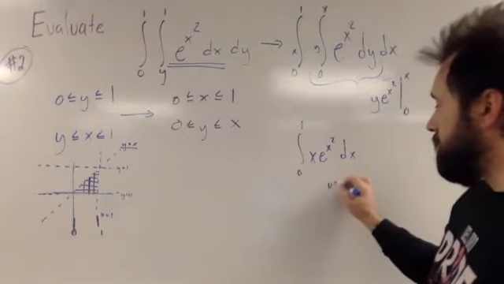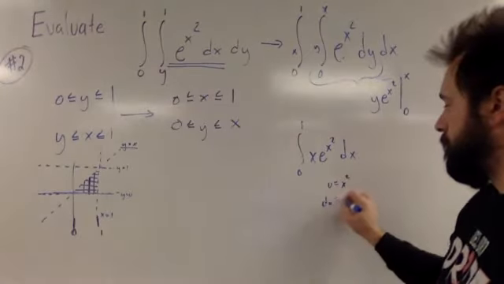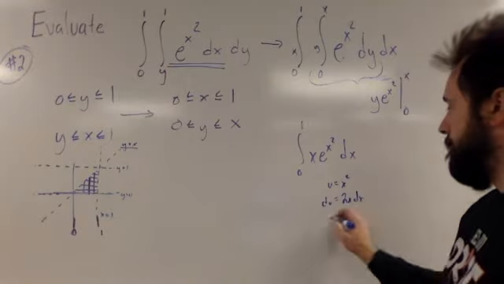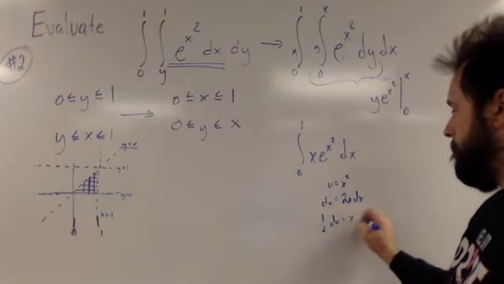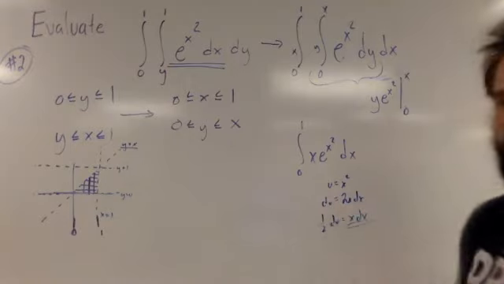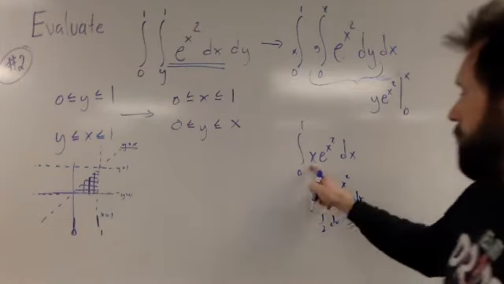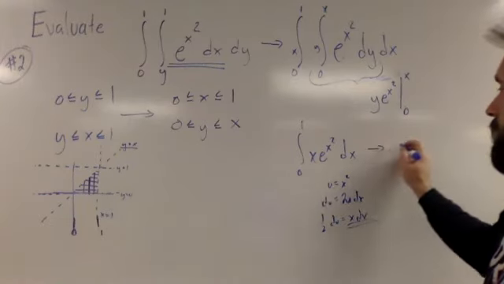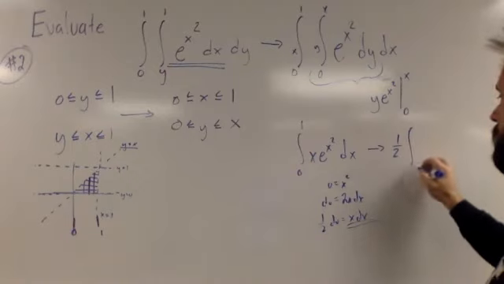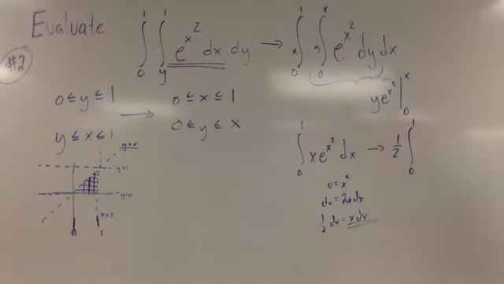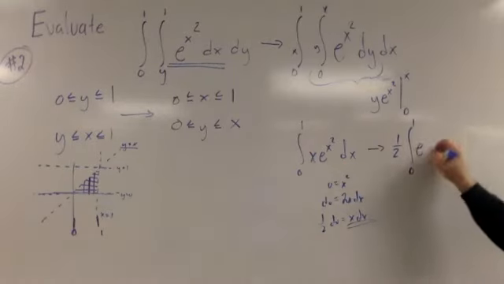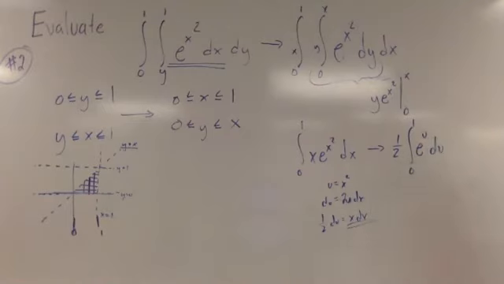So if I do a u substitution, I can make a substitution here for the x dx. I can rewrite this as 1/2 the integral from 0 to 1 of e to the u du.